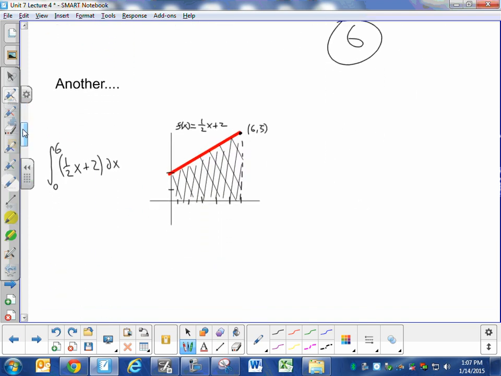Your turn. I want you guys to find the area under this line, 1/2 x plus 2, by first using the fundamental theorem of calculus and finding the change in its antiderivative. And then I want you to go back and confirm that the area you found is correct by using geometry and figuring out the area of this trapezoid.